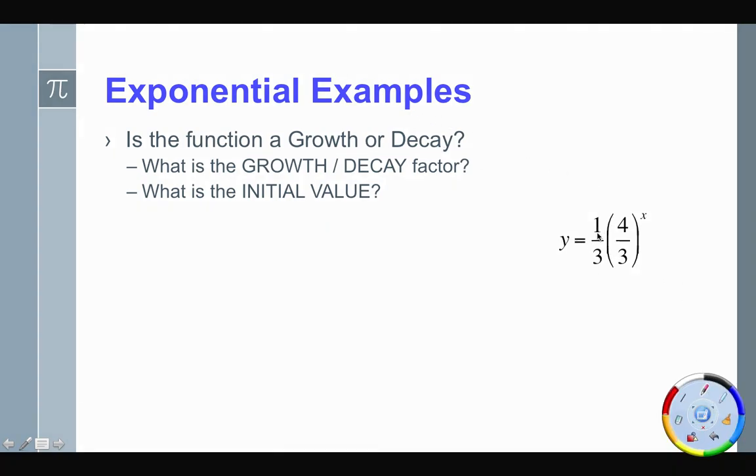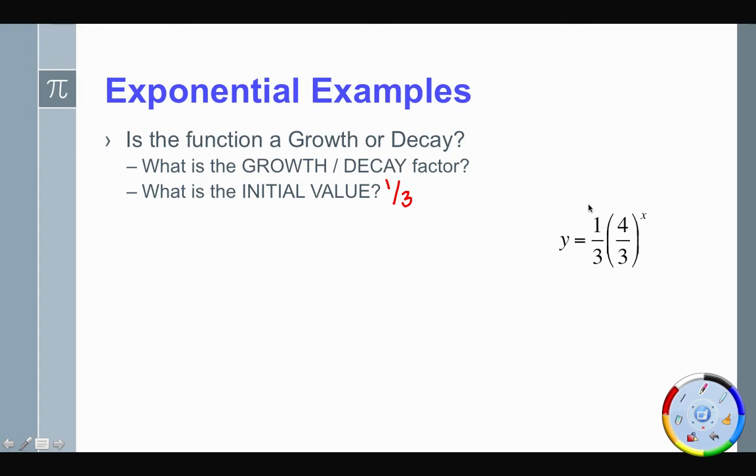All right, so here we go. We have y equals 1/3 times 4/3 to the power of x. Now, I want to first point out, what is the initial condition? Well, the initial value is 1/3. That's pretty easy. That's the number in front of the thing with the exponent. Then we need to determine, is it a growth or a decay?